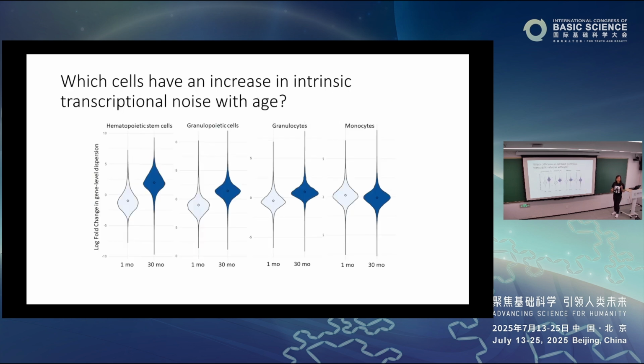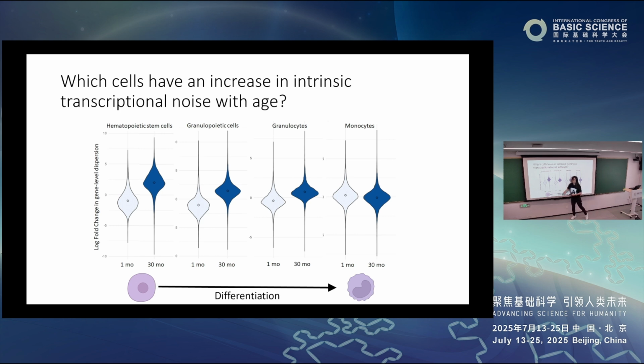Okay, and what is even more interesting is that if you compare between cell types, there are the hematopoietic stem cells, and then here are the monocytes, which are the well-differentiated cell types. So as you go down this axis, you're going from stem to differentiated.